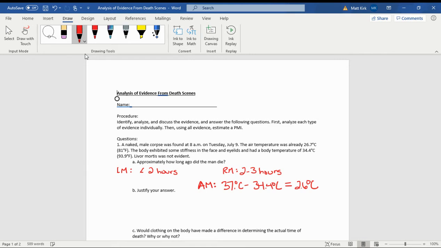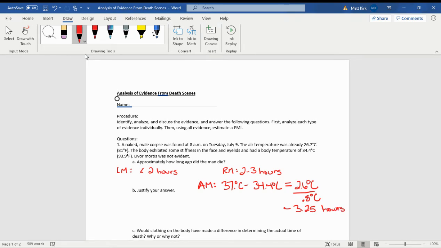But again, that is just our change. After we get the change in temperature, we have to divide it by our cooling rate, which, since we're in degrees Celsius in our first 12 hours, is a rate of 0.8 degrees per hour. So after we divide it, we get an answer of about 3.25 hours.